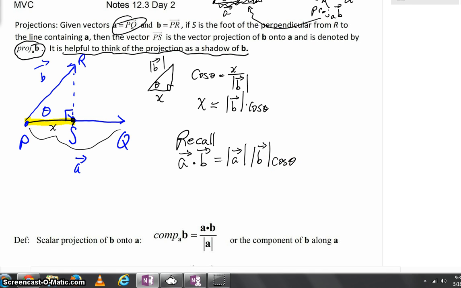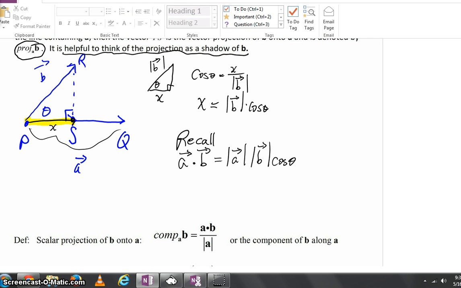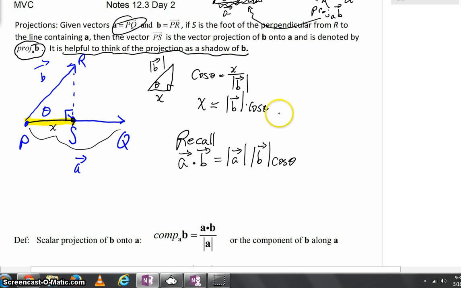Now, I hope it's pretty obvious to you at this moment that this magnitude of B cosine of theta is right here. This thing right here is actually your shadow length. It's definitely going to be coming into play.